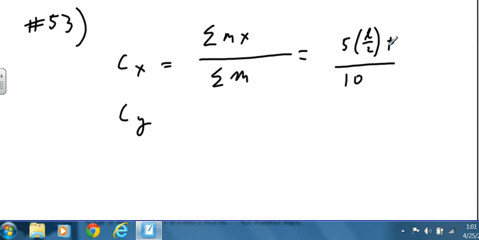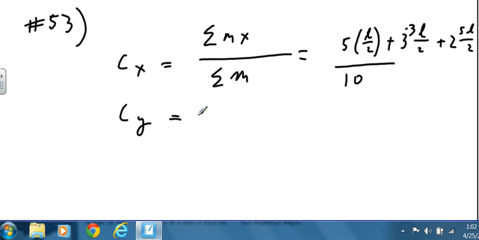And then I got 3 of them at 3L over 2. And then I got 2 of them at 5L over 2. And that guy there's a 3.